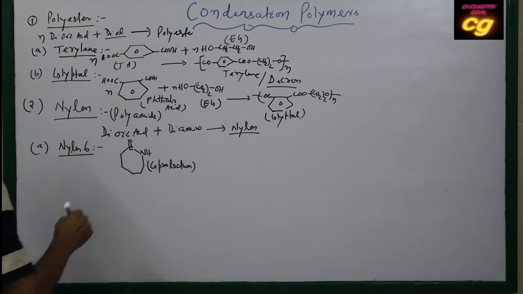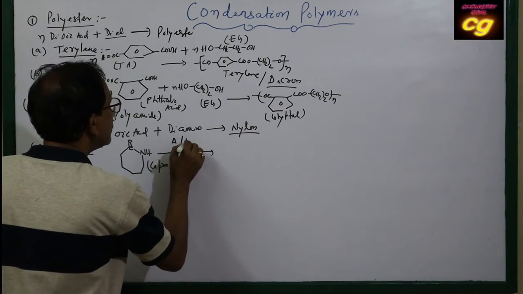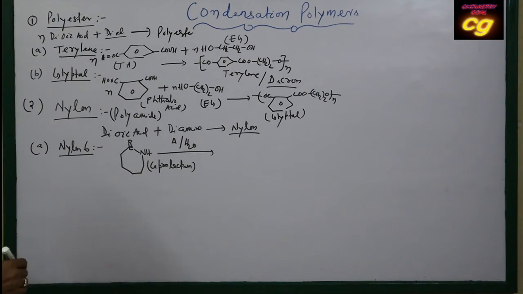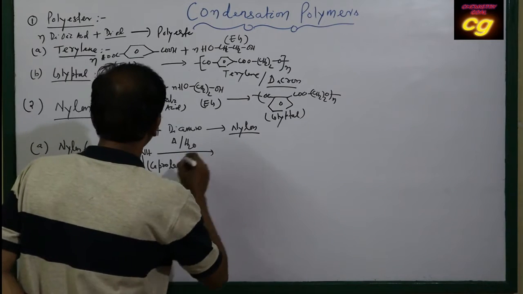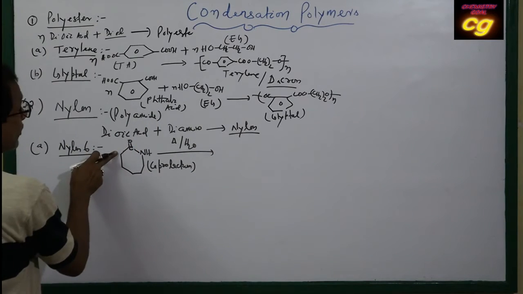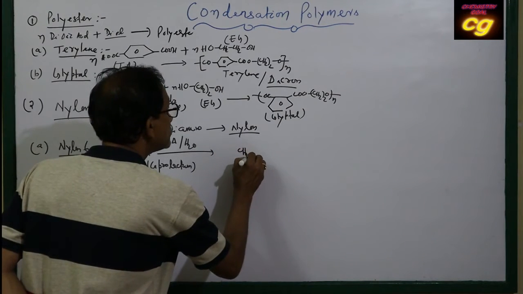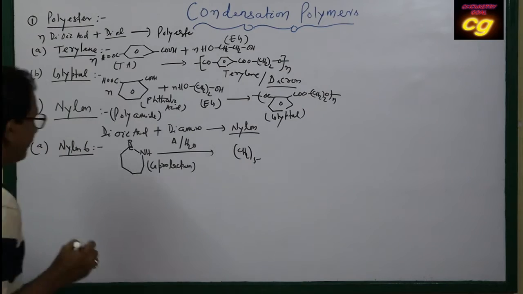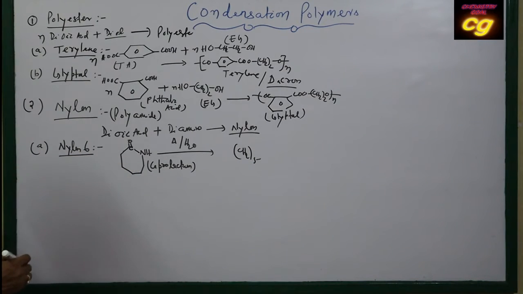When caprolactam polymerizes on heating in the presence of water, it decomposes and polymerizes, forming nylon 6. You see 5 carbon atoms, that is the CH2 group, (CH2) whole 5: 1 CH2, 2 CH2, 3 CH2, 4 CH2 and 5 CH2.